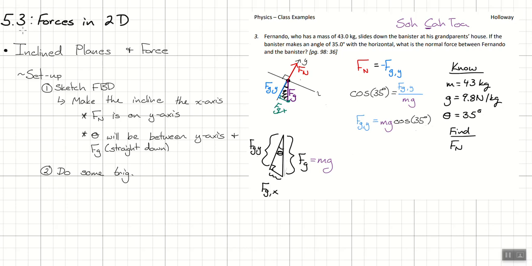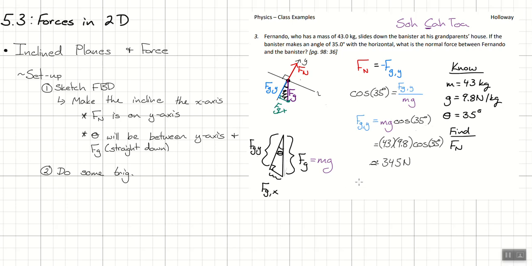So if we just plug in what we have, let's just see how this shakes out. I'm not going to switch colors anymore. I know that the mass of this object, or this person rather, is 43 kilograms times gravity, which is 9.8 newtons per kilogram, times a cosine of 35 degrees. When we type this into the calculator, and I'm going to grab mine real quick, and I'm going to make sure I'm in degrees, and I do 43 times 9.8 times the cosine of 35, we get about 345 newtons.